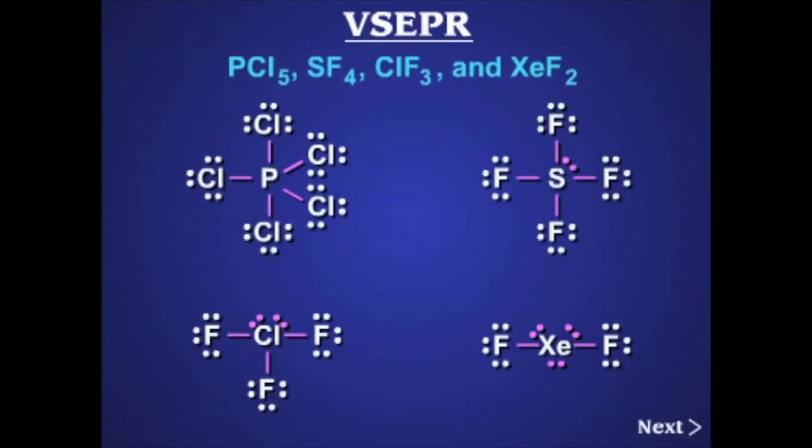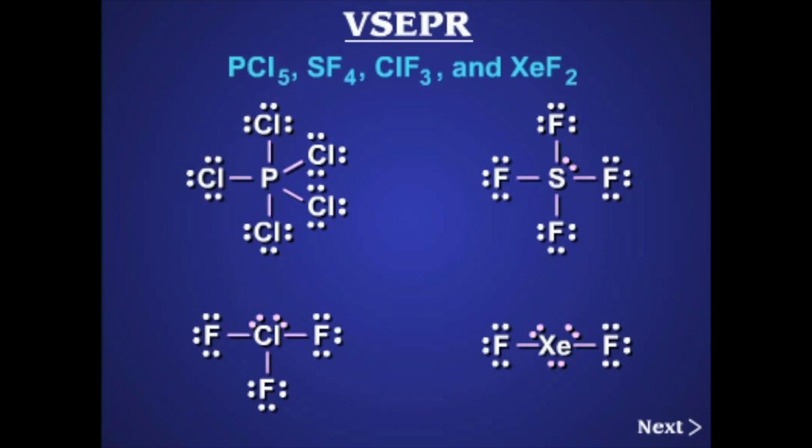Consider the Lewis structures of phosphorus pentachloride, PCl5, sulfur tetrafluoride, SF4, chlorine trifluoride, ClF3, and xenon difluoride, XeF2. Counting the number of VSEPR pairs of electrons around the central atom of each molecule, we find 5 VSEPR pairs.